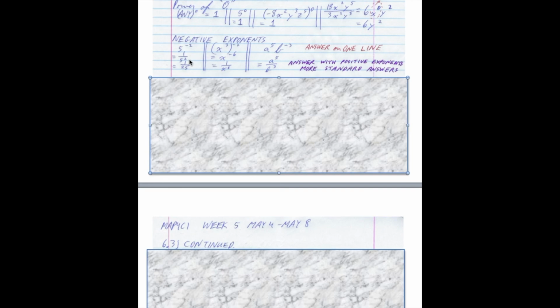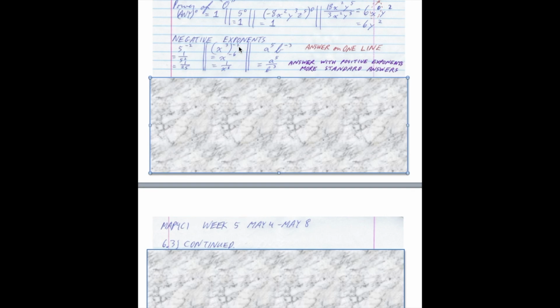Now I call this upstairs, downstairs. I'm sorry I can't really explain it terribly here, but basically the negative 2 says I'm in the wrong apartment. This says upstairs right now. It should have been below or downstairs. Once I have 1 over 5 squared, 1 over 25, because I can crunch the 5 to the power of 2.